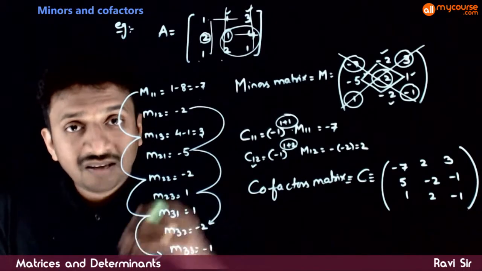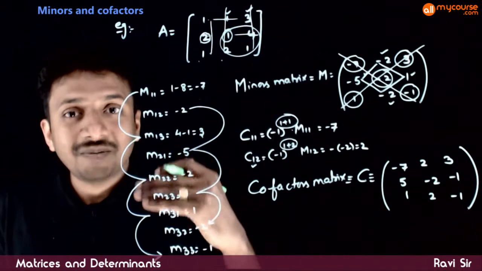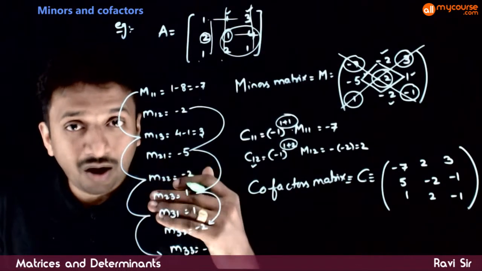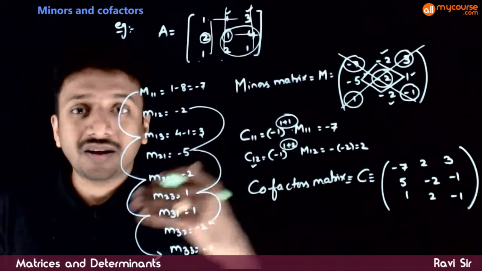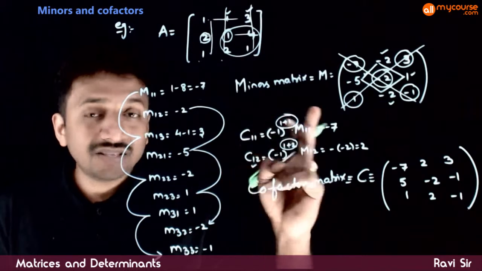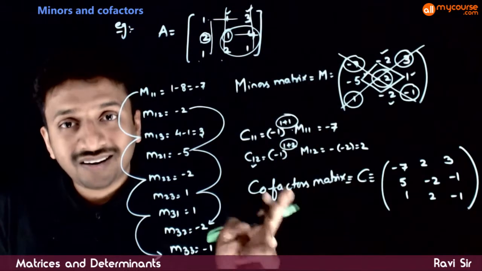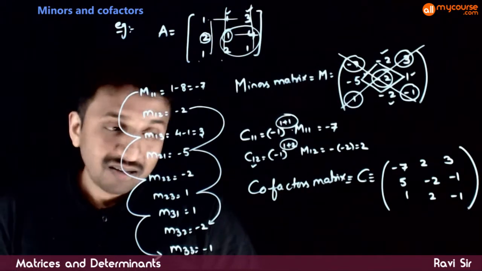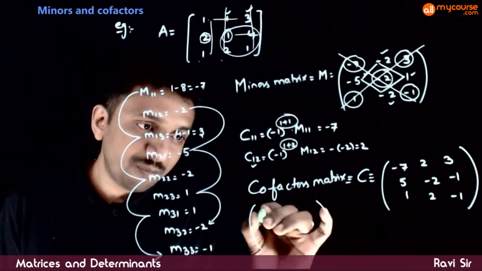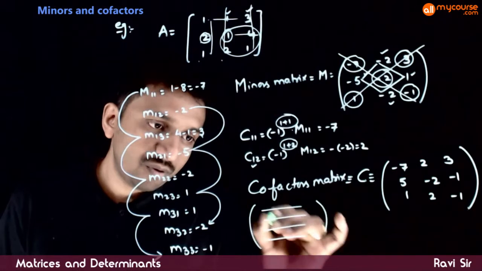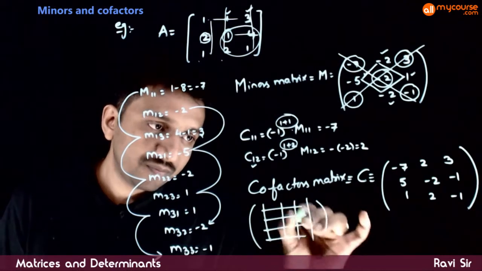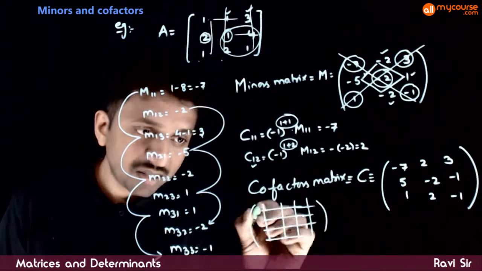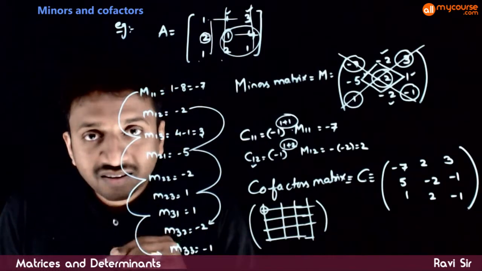Now, if you want to find cofactors and minors of a higher order matrix, obviously you need to know how to find the determinant of a 3 by 3 matrix, right? Because if you have a 4 by 4 matrix, 1 2 3 4, 1 2 3 4, what is the cofactor of this element?